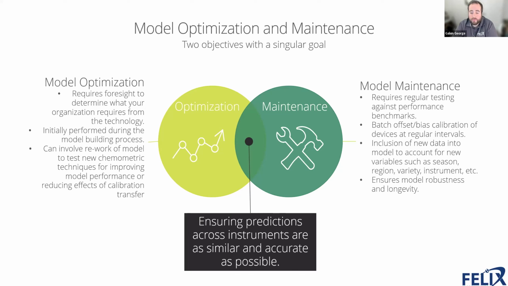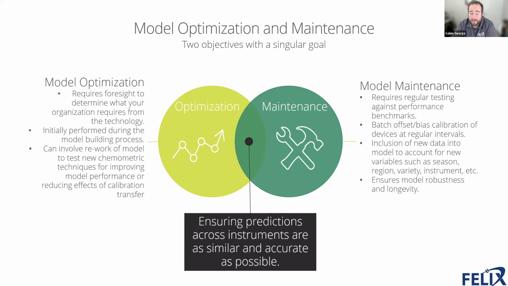Because what you don't want to do is end up buying a singular F750, creating a model that works really well, and then deciding you want to deploy multiple instruments across a network of growers or other researchers, and put that model on their devices and find out that it's not performing nearly as well as yours is.